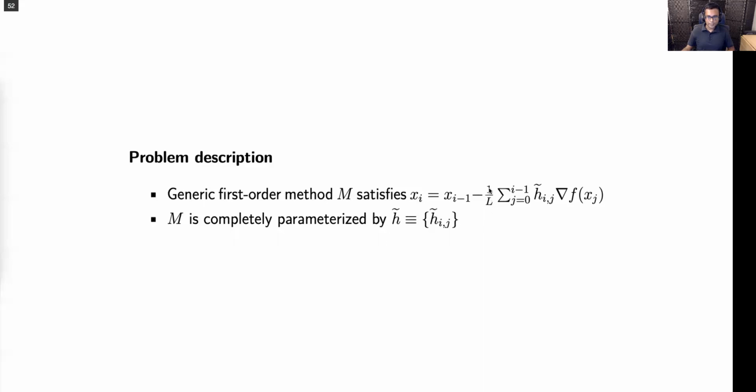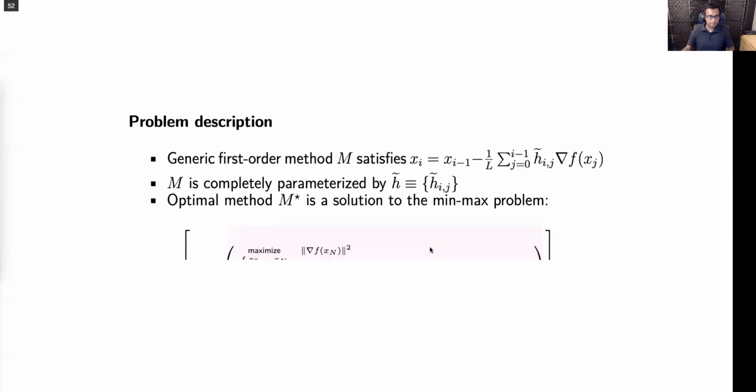I am scaling it by the smoothness parameter L, because then I could just solve for L equal to 1, and this will give me the optimal step size for other L's as well by scaling, dividing whatever step size I get by L. Note that M is completely parameterized by the step sizes H tilde, by which I mean the list of all the step sizes.